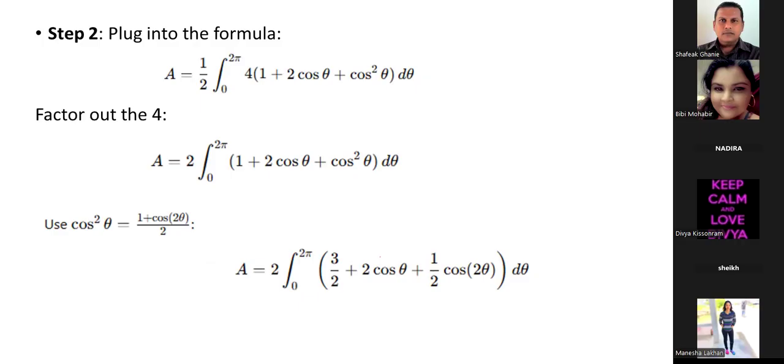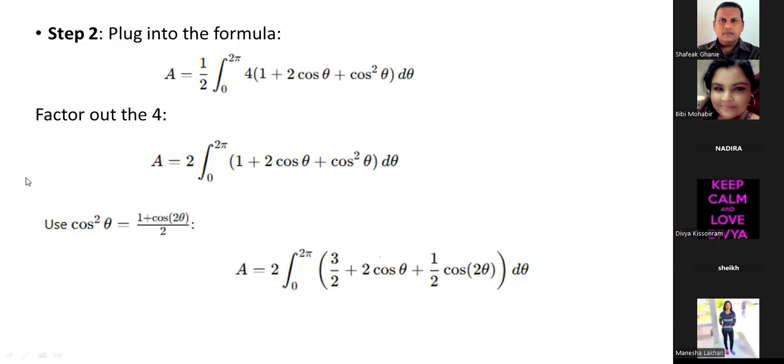Now here we plug it into the formula. Where you see r squared, we just square r, so you substitute it into the formula here. So it becomes half the integral from 0 to 2 pi of 4 open bracket 1 plus 2 cos theta plus cos squared theta close bracket with respect to theta.